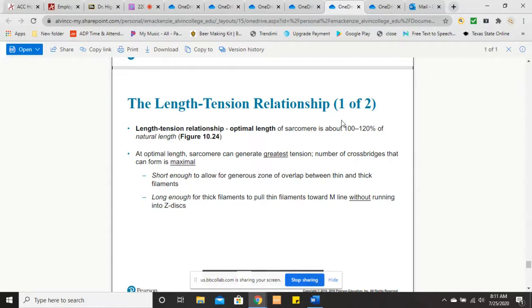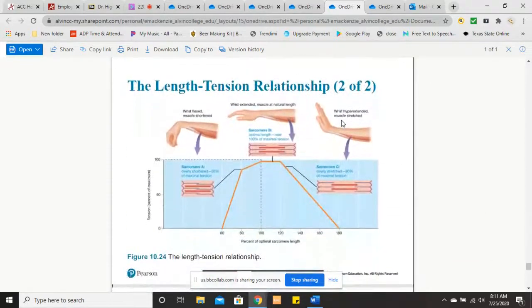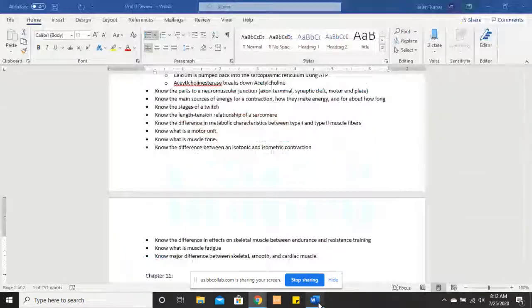If you're outside of this zone, well, you'll see a decrease in contraction strength. That's what you're seeing here. Anywhere between 100 to 120, you will get your maximum contraction, maximum force or tension generated. Anywhere outside that range, less than 100 or greater than 120, you'll see a decrease in strength. There's an ideal length for a contraction to occur. That's all this length-tension relationship is trying to explain.